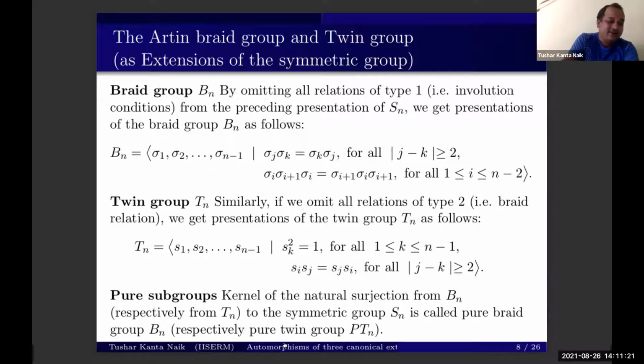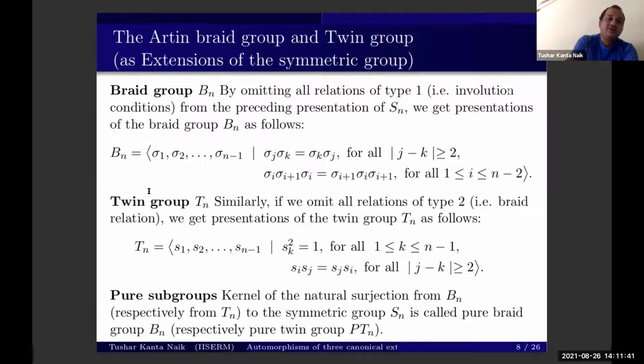Anyway, Emil Artin introduced these braid groups in the 1920s and gave the explicit presentation in 1947. He also gave a geometrical interpretation for this group Bn, which I'm going to avoid here.